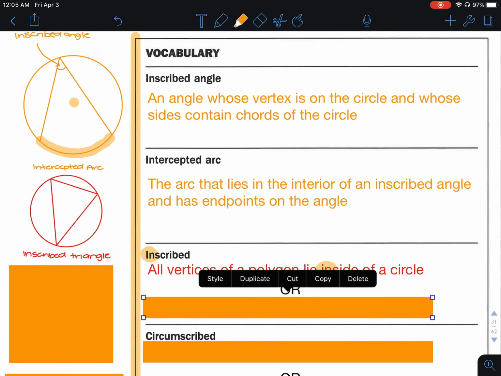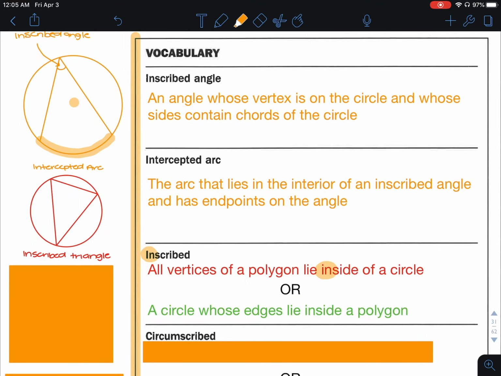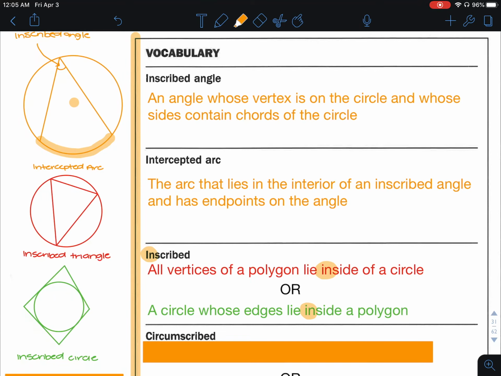Okay, this is very similar, but a little bit opposite. A circle whose edges lie inside a polygon. Again, we see that in. Okay, inscribed inside. So this is my picture in the green. So I have an inscribed circle. So right now, my bigger figure here is a polygon. Inside of that polygon, I have that circle that I just circled there.